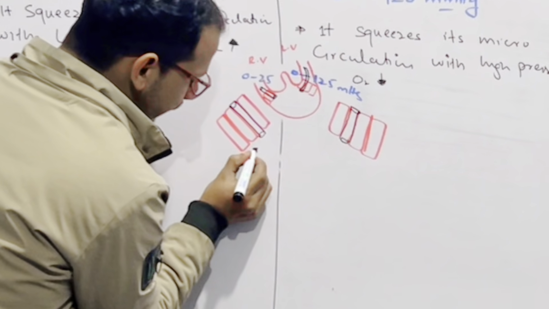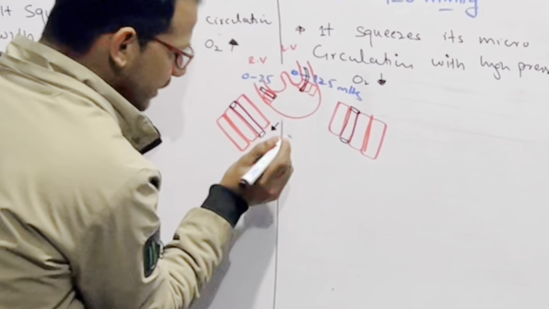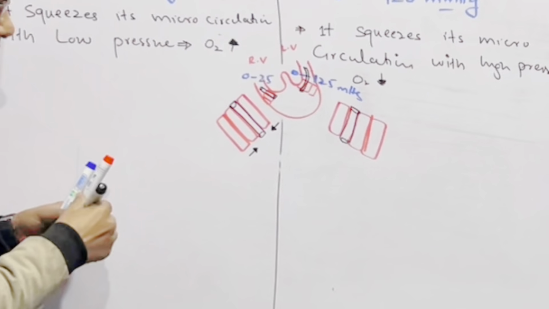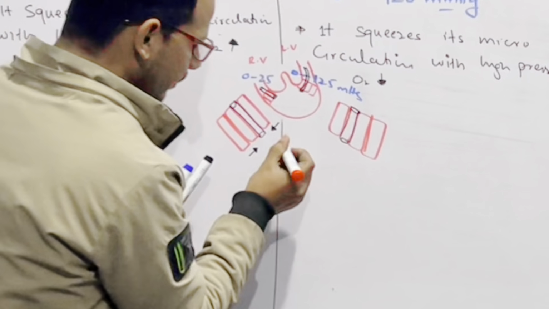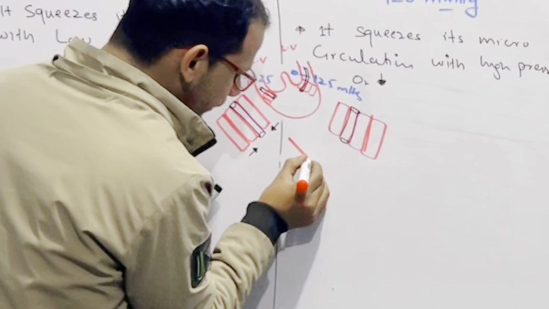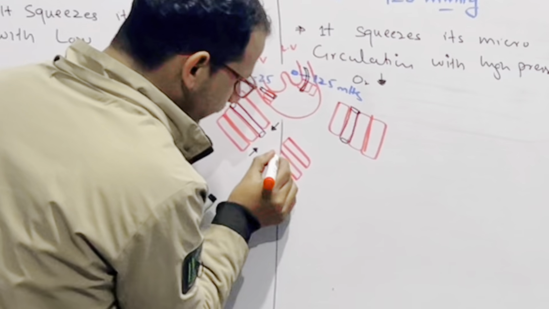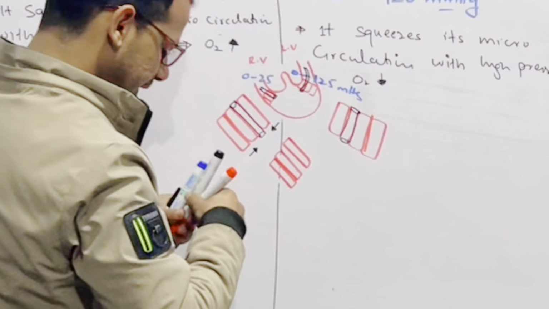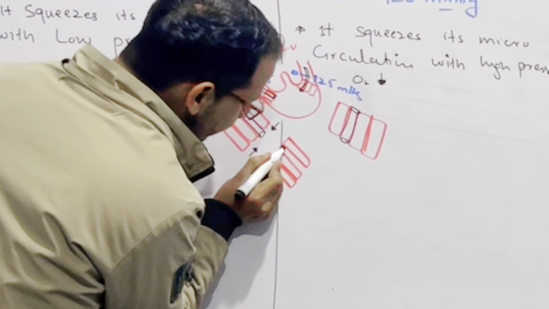It squeezes due to pressure during contraction. For example, it squeezes its microcirculation with less tension.